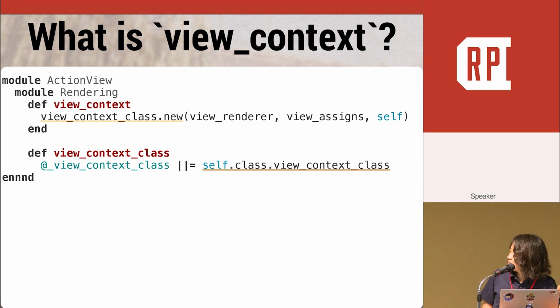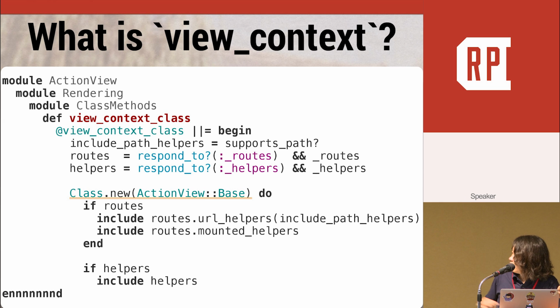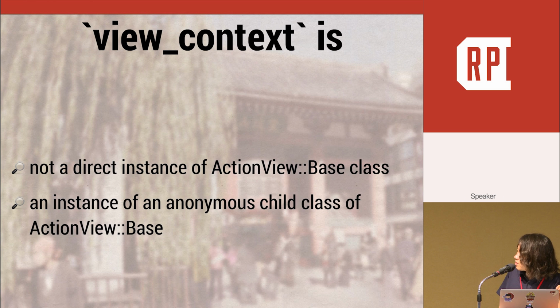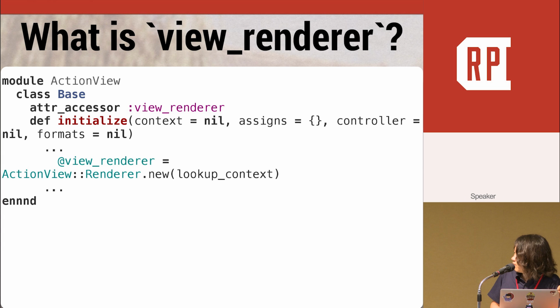View context class is some kind of anonymous class that inherits from ActionView base. So view context is not actually a direct instance of ActionView base, but it's an anonymous child of ActionView base. And the view renderer is something like this: ActionView renderer's instance.